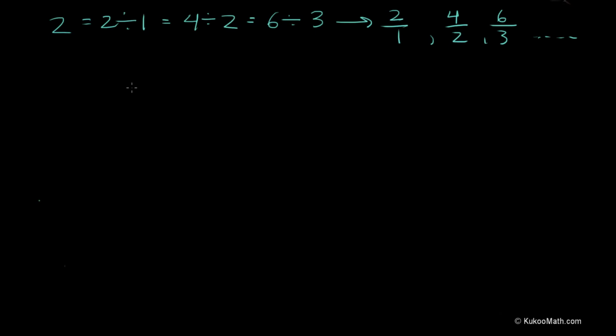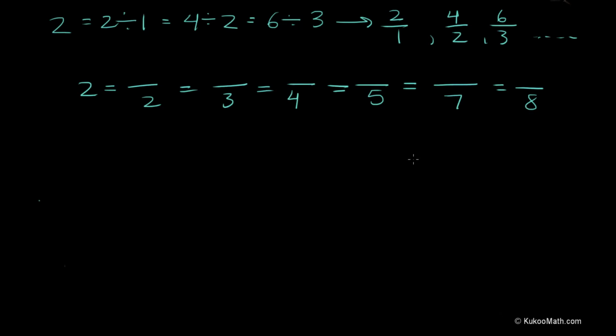Let's say we want the denominators to be 2, 3, 4, 5, 7, and 8. What's the numerator that we would have in all of these examples so that they would all equal 2? They would all be fractions that equal 2 if you did the division problem.